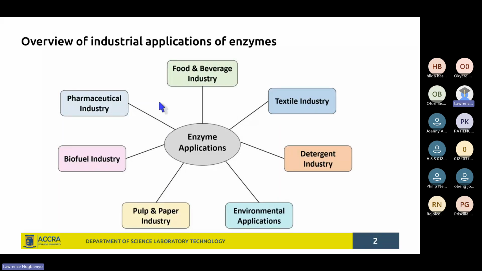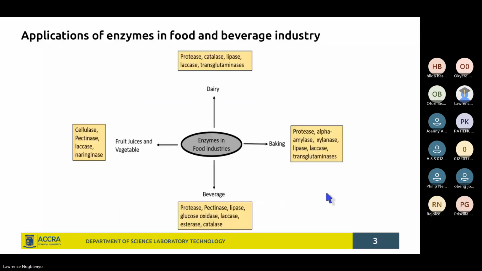So we'll continue and take a look at a few examples over the period. And by the time we finish, I think you have some interesting knowledge of applications of these enzymes, which will interest you to go and find out more about these applications.